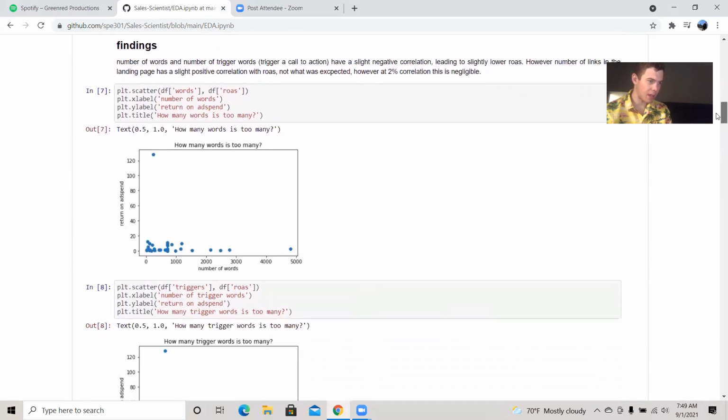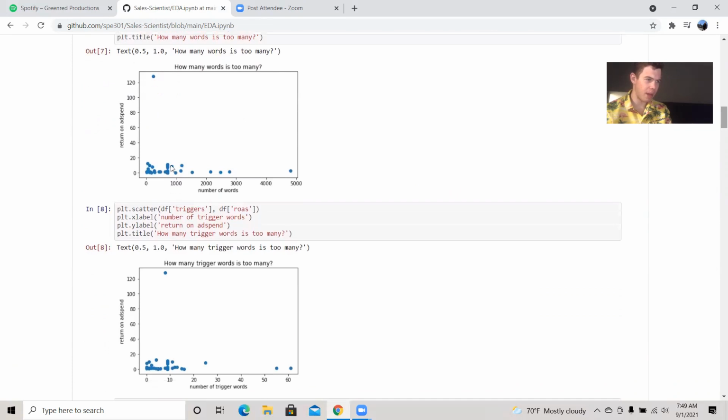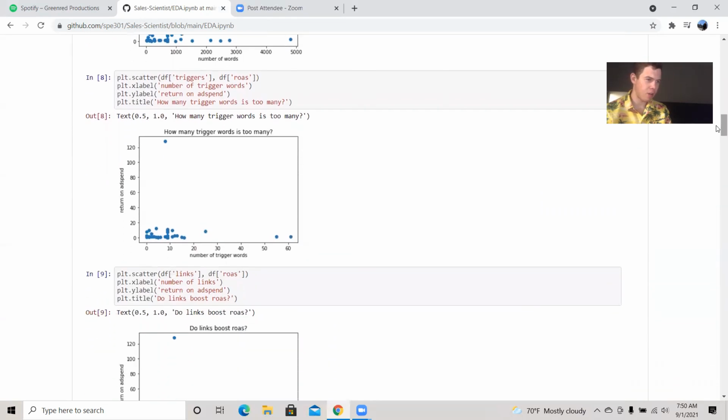I've looked at the visualization, just a little scatter plot here, and from looking at it, it looks like there's a dip in return on ad spend after around 700 words on the landing page. After about 10 trigger words, you start dipping a little bit.